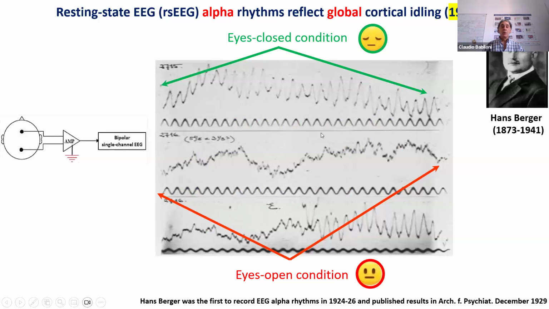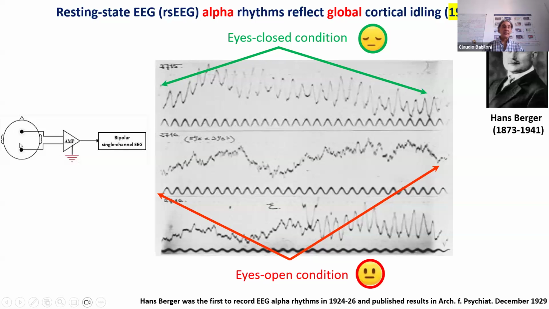And here we come back to Hans Berger's EEG recording. You see that on the left, there is the electrode montage used for the first electroencephalographic recording by Hans Berger.